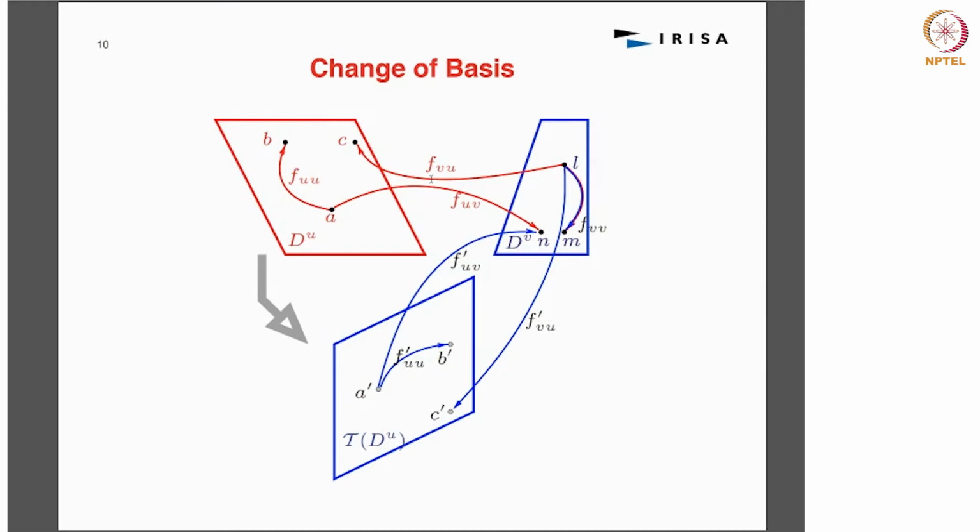What about the function f_VU prime? I want to go from L to C prime, which is the image of C by the transformation T. Can I think of a simple rule by which I can go from L to C prime?